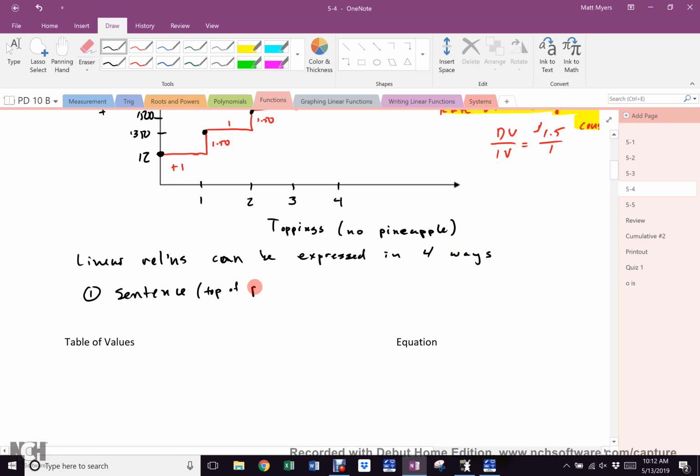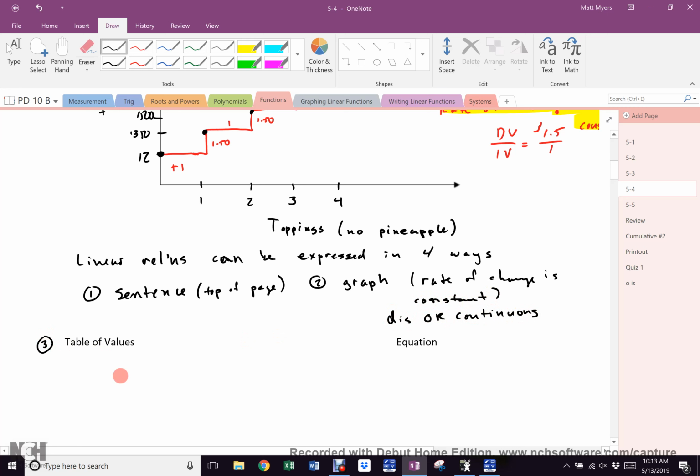Top of page. 2, a graph. That's in the middle of the page. How do you know it's linear? The rate of change is constant, can be discrete or continuous.